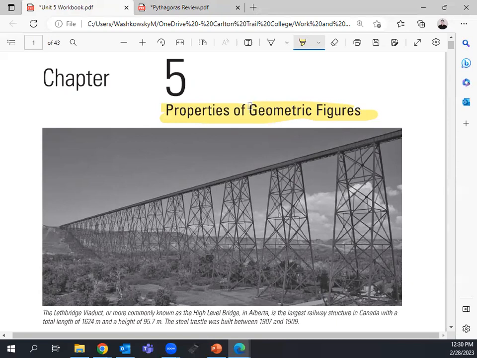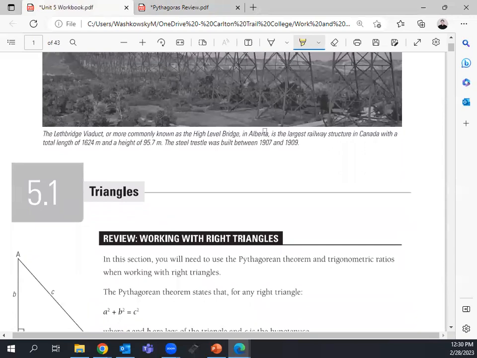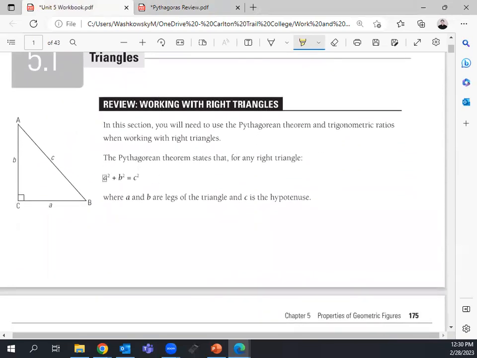We're dealing with shapes, and we're essentially using logic. There are some rules in place to try and find sides or angles. That's what we're trying to do. We're trying to find sides and angles of different shapes. The Pythagoras theorem is the one that really everything kind of boils back down to. That's going to be your bread and butter for this first part of it for sure, for this 5.1.